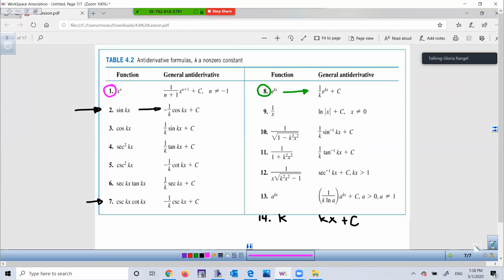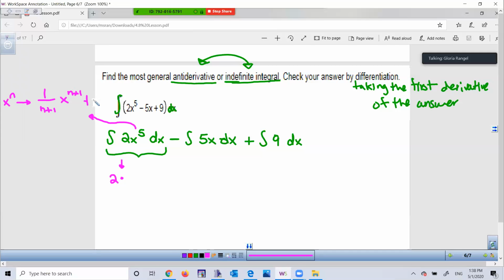And then the plus c. This n cannot be -1. It's just giving you a restriction that this exponent is never going to be -1, okay? That's all that it's saying. So don't forget the plus c here.